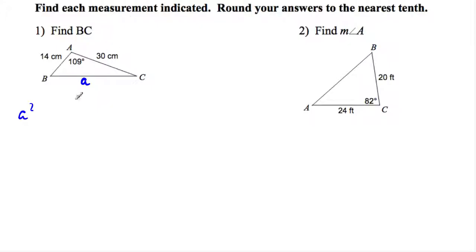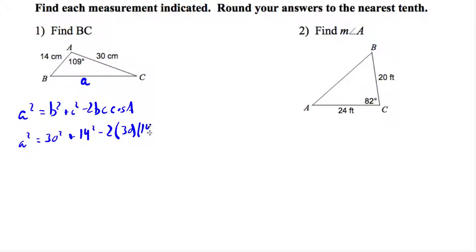so this is going to be a squared is equal to b squared plus c squared minus 2bc times the cosine of A. So we have a squared is equal to 30 squared plus 14 squared minus 2 times 30 times 14 times the cosine of 109.